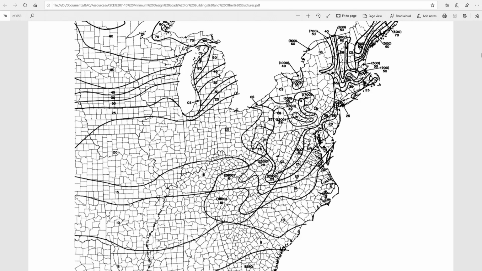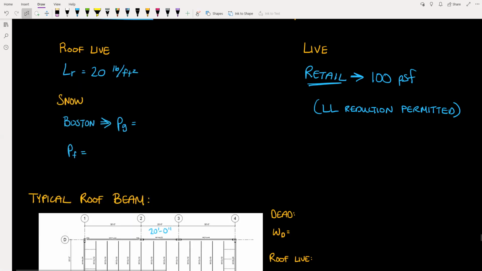Now it's important to note that depending where we are in Boston and what neighborhood we are in, there could be a local requirement for a higher ground snow load. So something higher than 40 pounds per square foot. And that local code jurisdiction will control over this IBC reference standard. But for now, we're just going to use 40 pounds per square foot for our ground snow load.